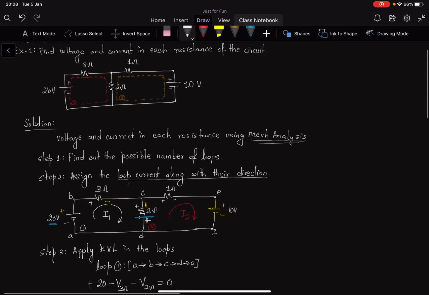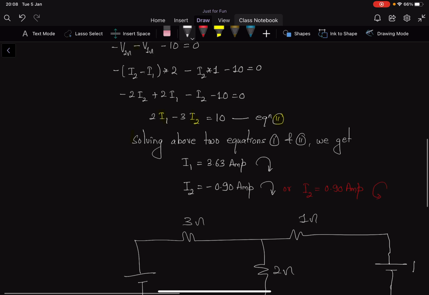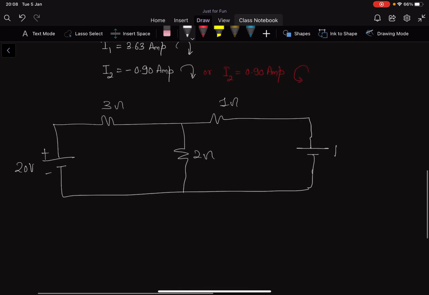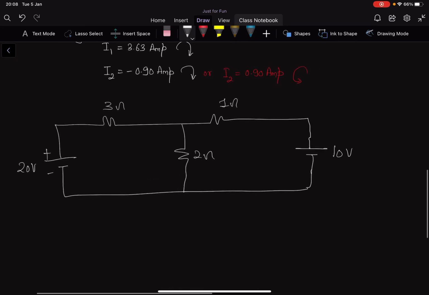Yeah. Okay, no problem. So this is our 20 volt plus minus. This is our 10 volt plus minus. And then we have 3 and 1 and 2. So let's do the plus minus here based on our current direction, I1, and based on our current direction here, this is I2.